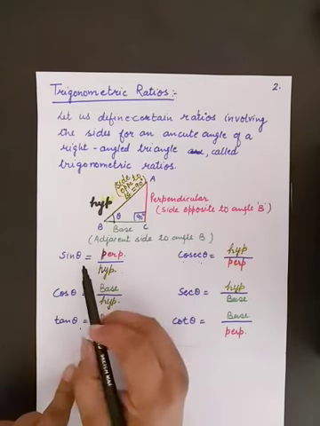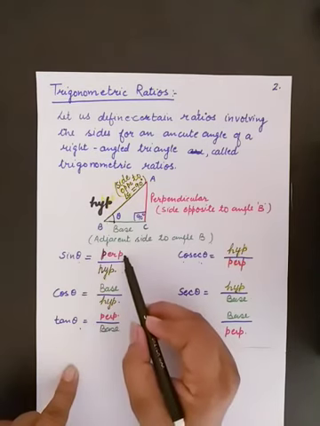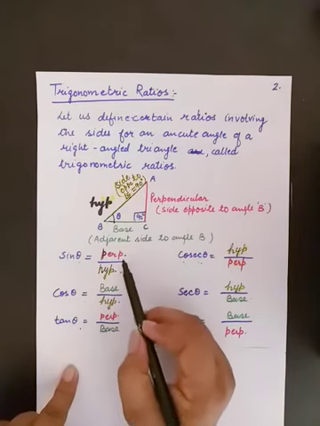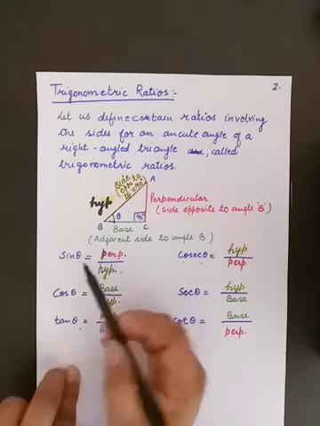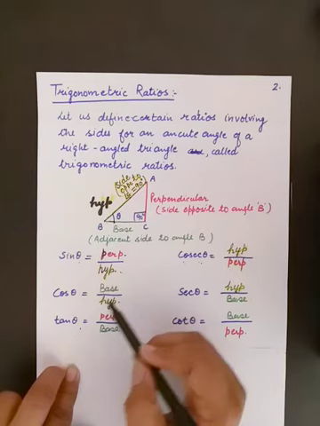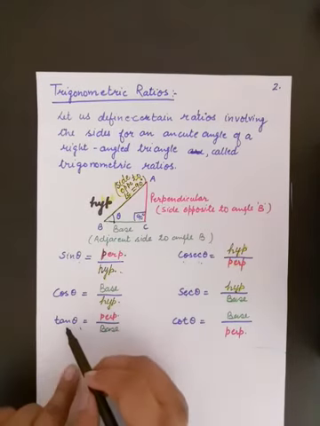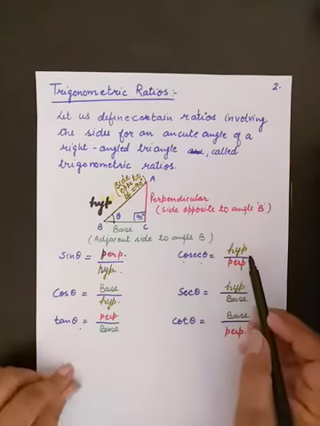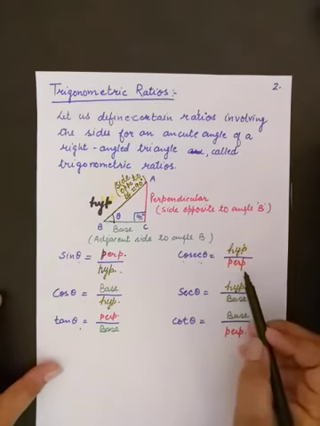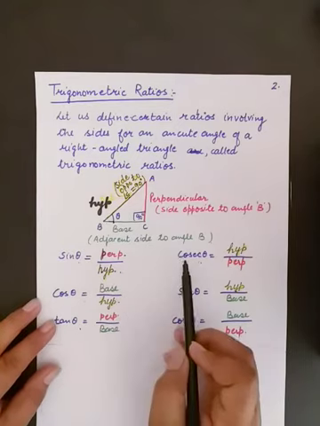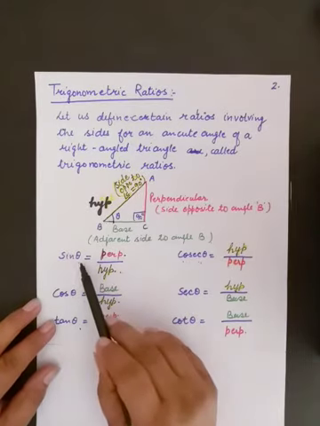Here we can remember that whenever we divide perpendicular and hypotenuse, the T ratio is sin theta, base by hypotenuse gives you cos theta, and perpendicular by base gives you tangent theta. Hypotenuse by perpendicular gives us cosecant theta, or we can say cosecant theta is the reciprocal of sin theta.